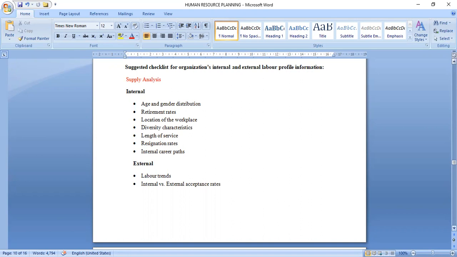Then also, as the organization is carrying out its supply analysis during this human resource planning process, it should consider what you call the internal career path. With the internal career path, we've talked briefly about it, the organization should look at developing these employees and make sure that you do cross training.